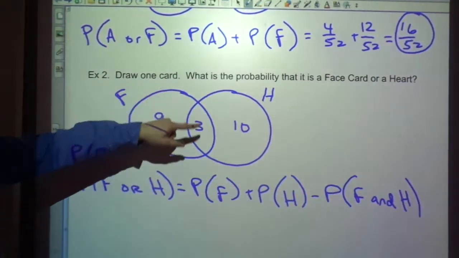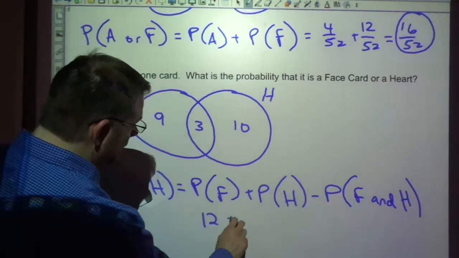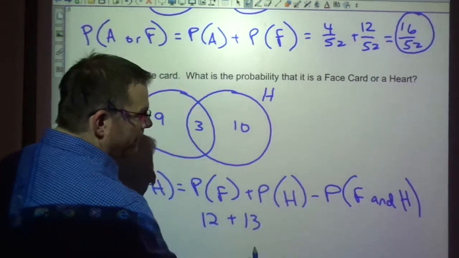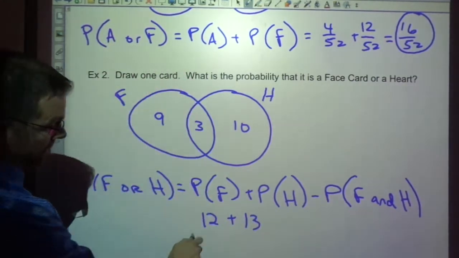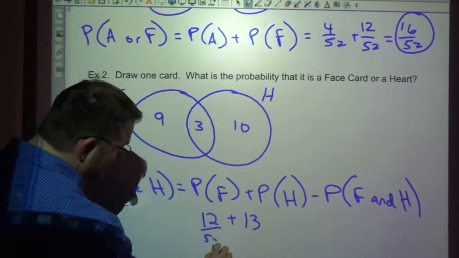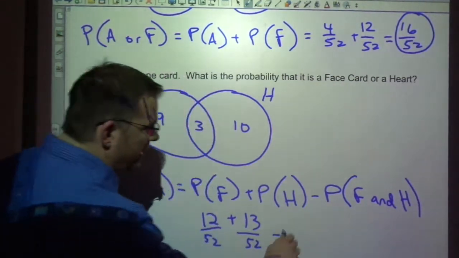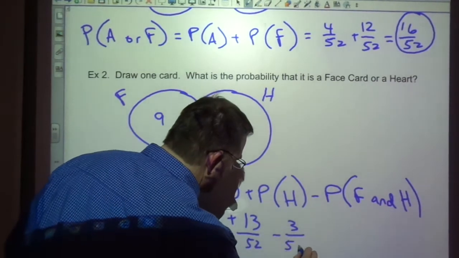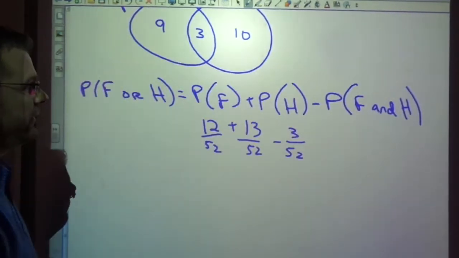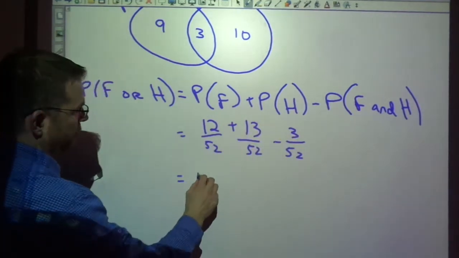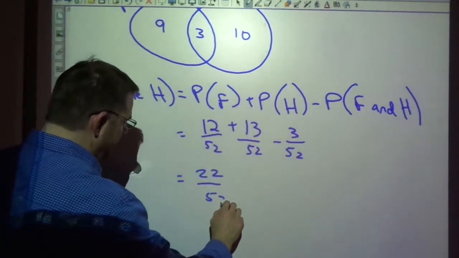All the face cards together, there are 12. All the hearts together, there are 13. Minus the overlap, although this is a probability, so we'll say out of 52 and out of 52. Minus the overlap, there are 3 hearts that are face cards. So this is 12 plus 13, that's 25. Minus 3 makes 22 out of 52.